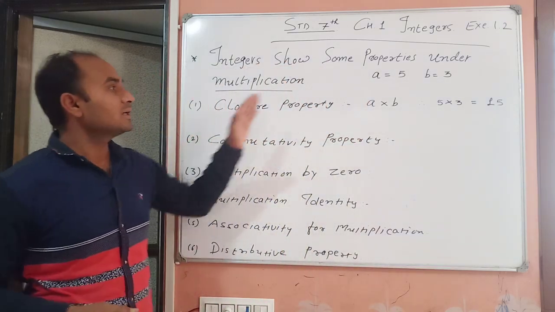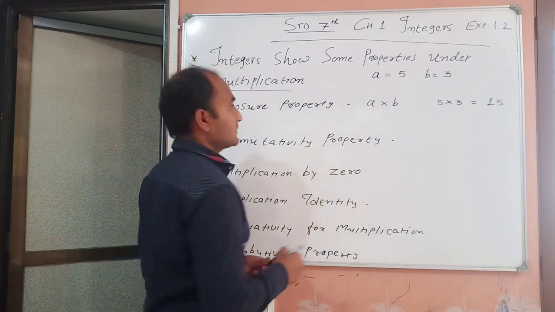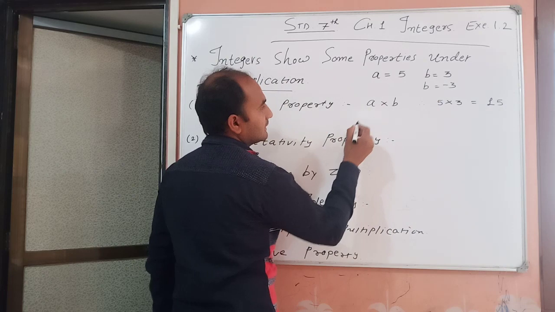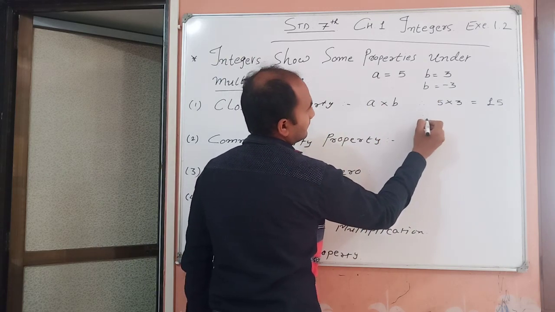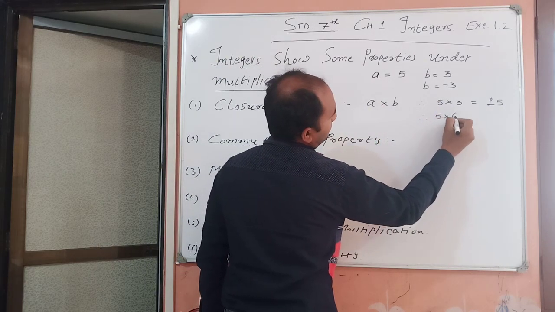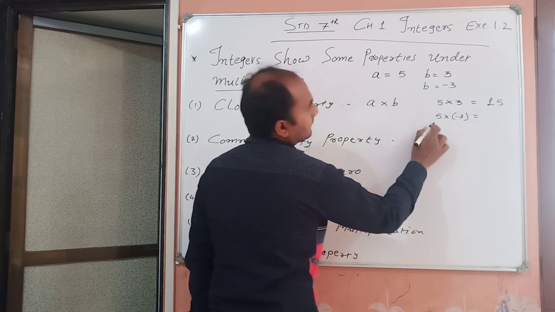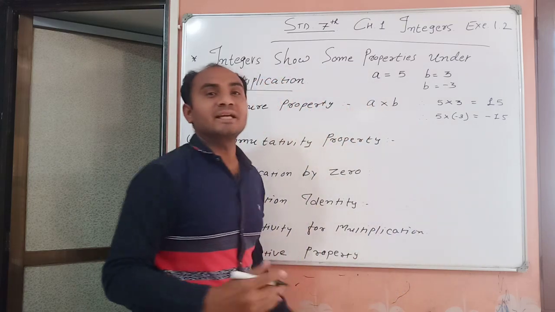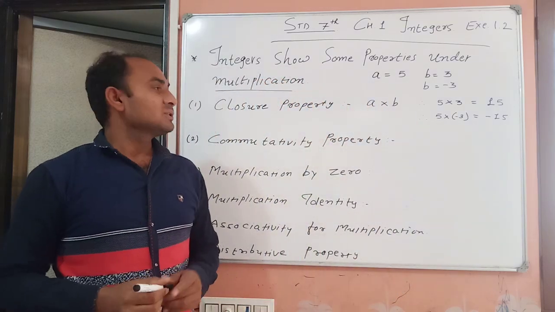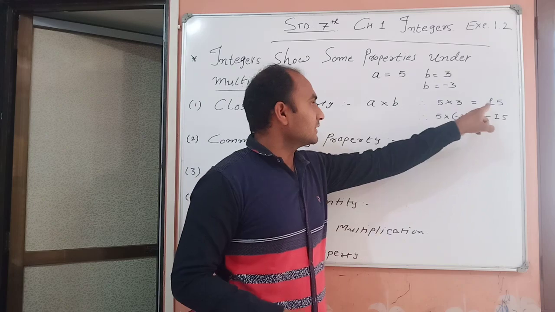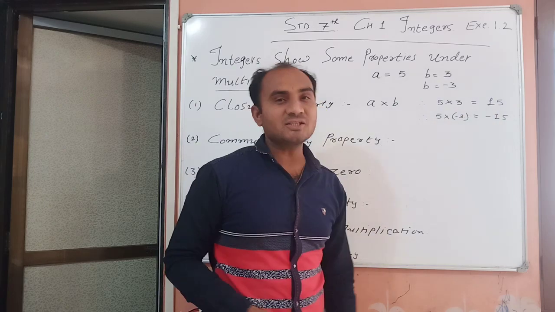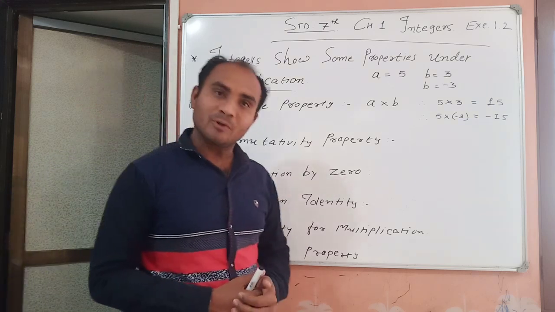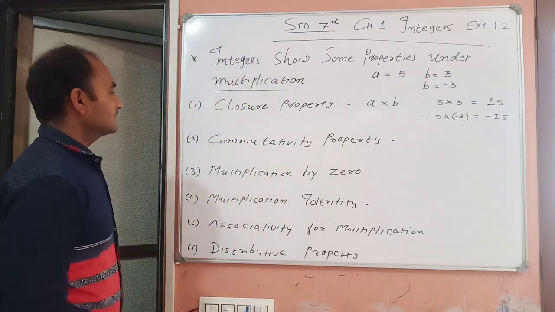So it is a closure property. Suppose B is equal to minus 3, then 5 into minus 3, 5 3s are 15, so we will get a negative answer. Here 15 and minus 15 both are integers.